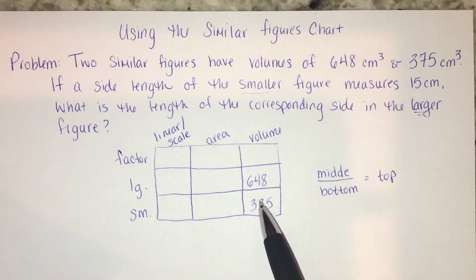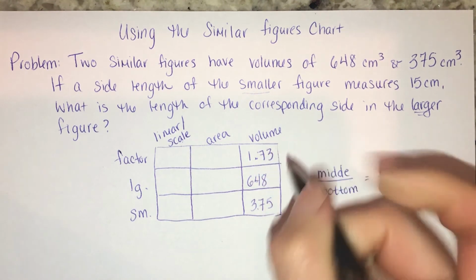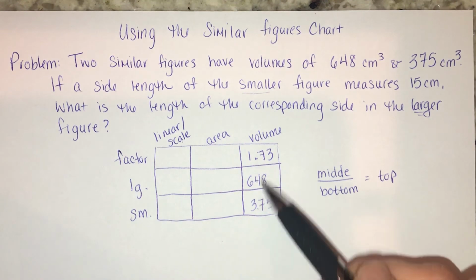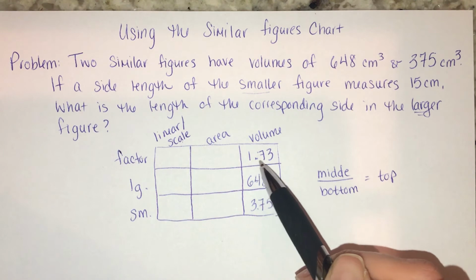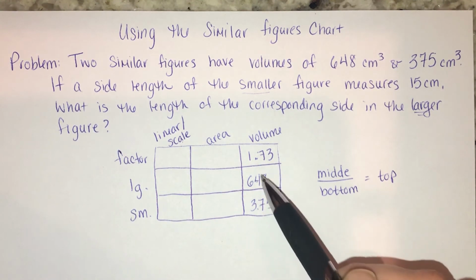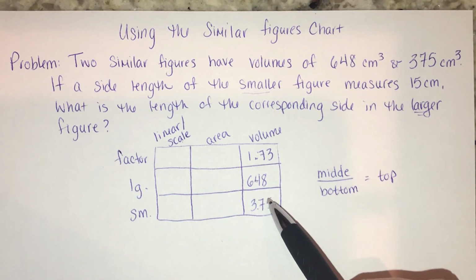So if I do 648 divided by 375, I get 1.73. That's essentially what I call my volume factor. That's how the volumes relate to each other. This volume is pretty much 173% of the first volume, or it is 1.73 times larger than the smaller one.